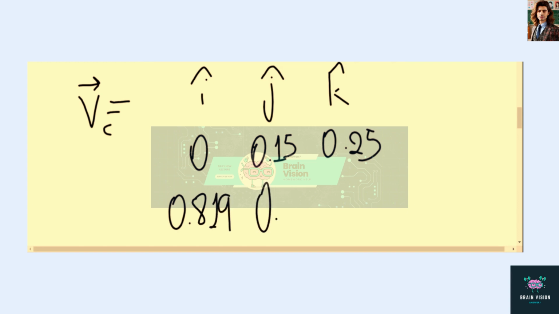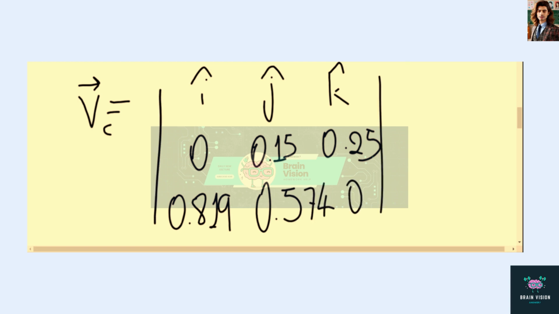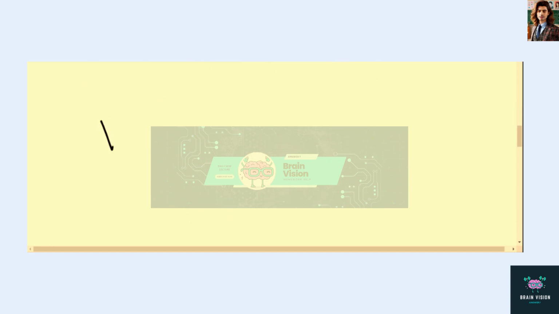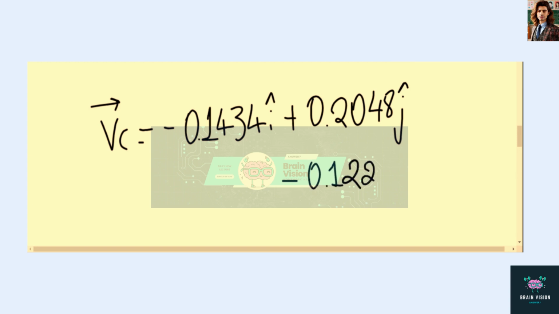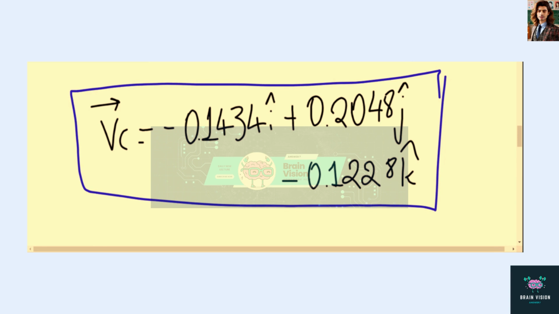After someone does the calculations, this gives us minus 0.1435 i hat plus 0.2048 j hat plus 0.1228 k hat, and this is the answer for task B.